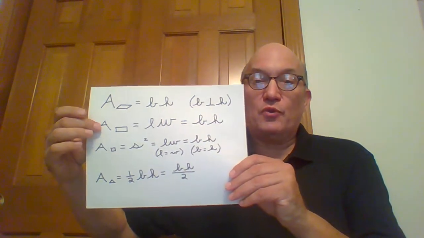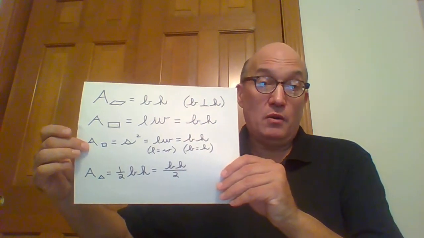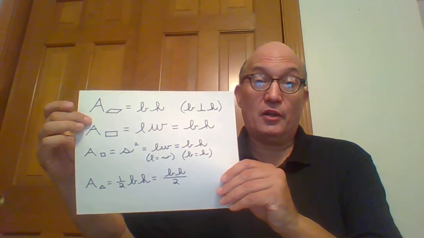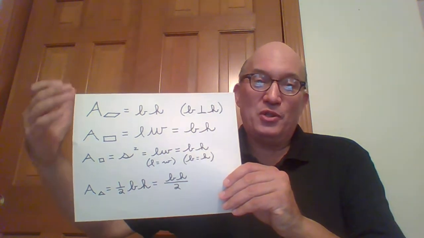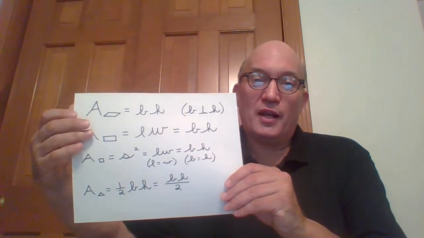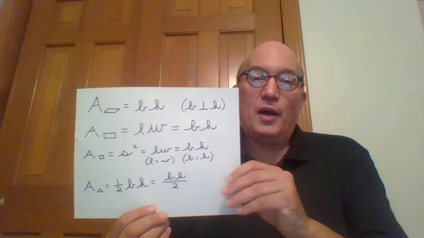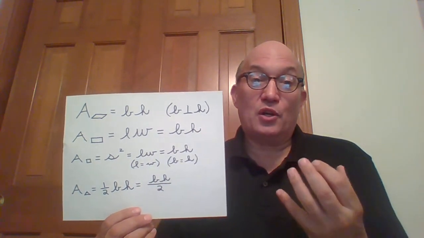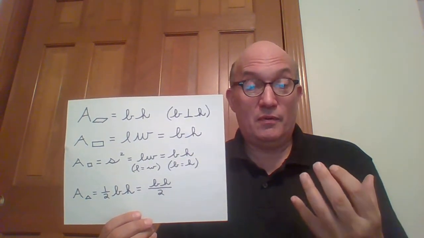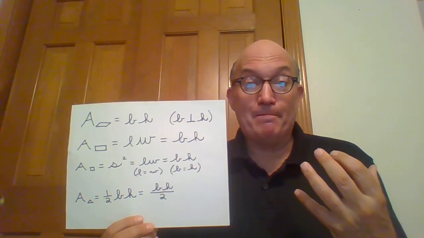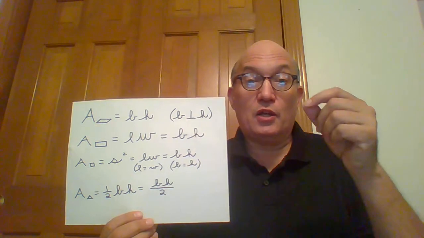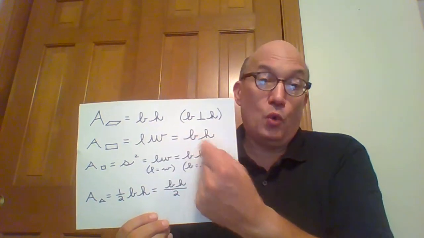So we've kind of gotten through the rectangle. We're going to look at a square, which of course is a special kind of rectangle. Then we're going to go back to the more general parallelogram. A parallelogram is more general than the rectangle or square, but we actually start with the rectangle in terms of understanding area. It's sort of our definitional beginning, that the area of a rectangle is length times width or base times height.